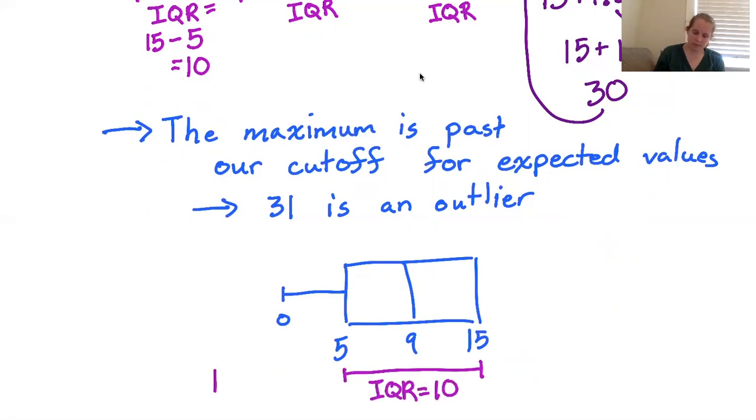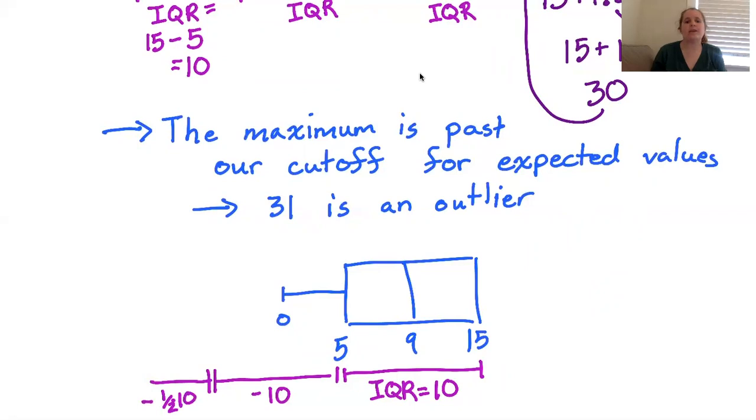We would go down 1 IQR to the left, so we would minus 10. And then we go half an IQR to the left, we would minus half of 10. Well, it's just subtracting off the entire 10, not even 1.5 IQRs. We clearly go well beyond our minimum. But just for the sake of going through, this would be at -5, and then going another 5 past would fall at -10.